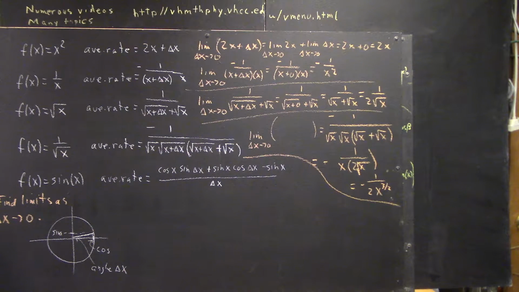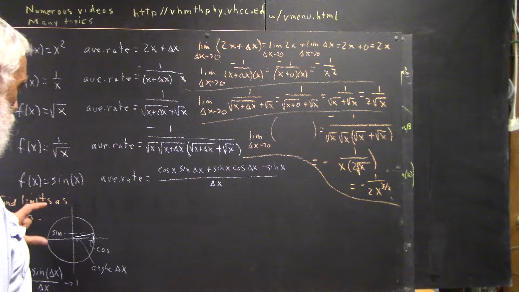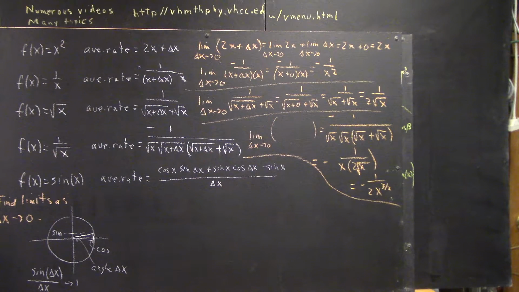Okay? So, we use that along with the idea that the sine of delta x does approach zero, but the sine of delta x over delta x approaches 1. Now, I'm not going to do the details of that. Maybe I'll follow up with a subsequent video on a bigger picture, and I'll indicate a little bit more about why that is. It's something I kind of assume you've seen at this point.